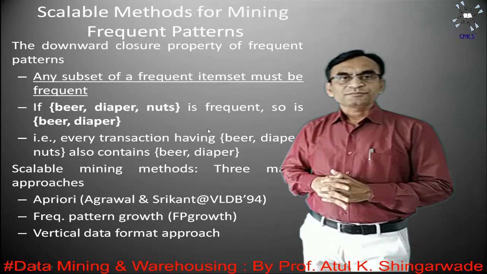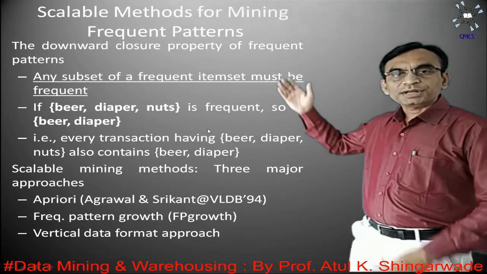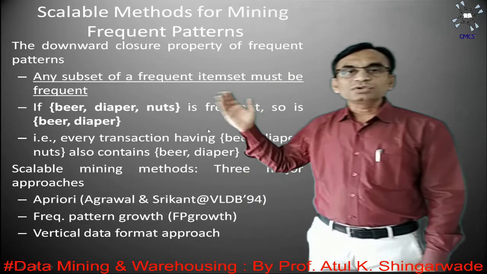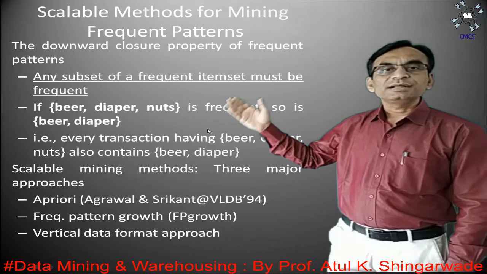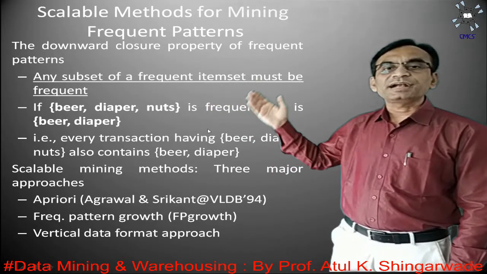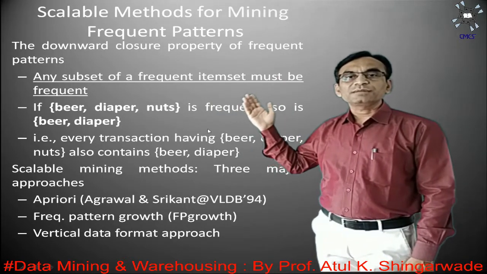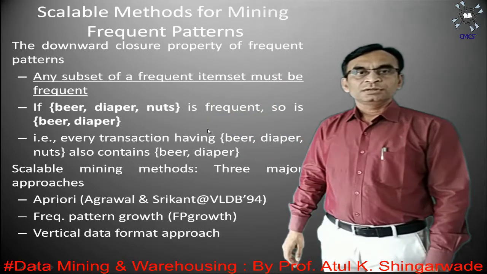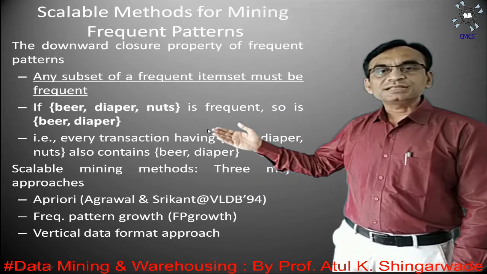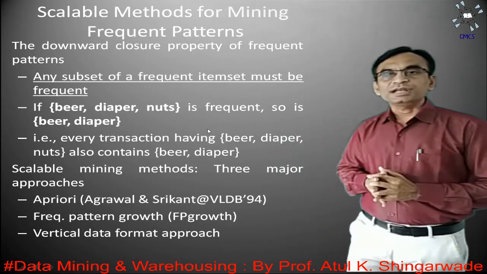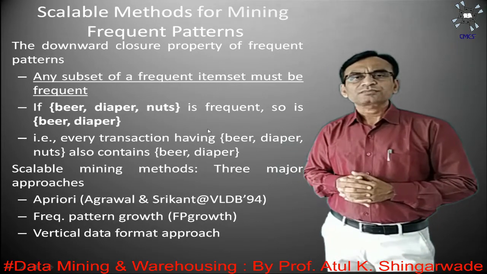Are you getting this? What is the downward closure property of frequent patterns? It says that any subset of a frequent item set must be frequent. For this we have an example: beer, diaper and nuts, three items in a particular transaction data set.